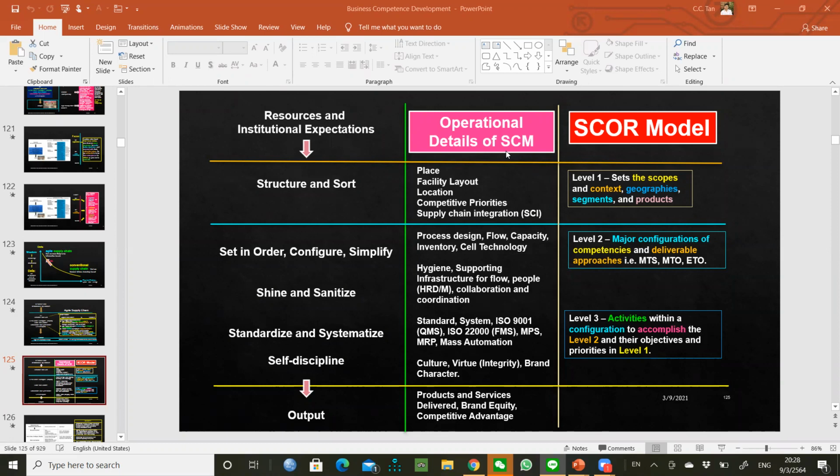No problem, you can change the name, and each of the members will do the same thing again. So it is really a set of operations, right? And therefore, you can see that these operational details of 5S do cover all these supply chain operations structures, right? Level 1, level 2, level 3.